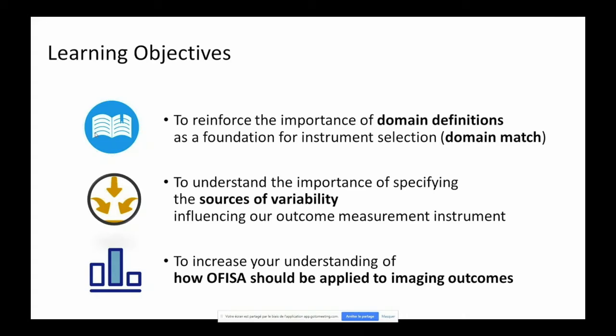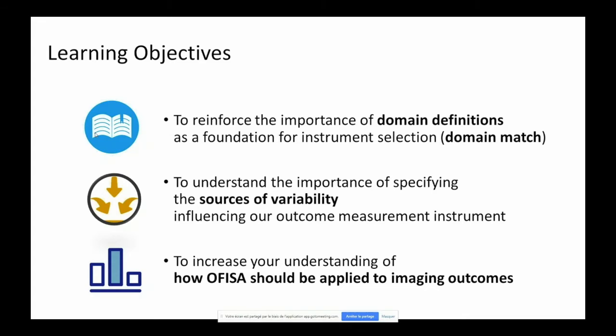The second learning objective is to understand the importance of specifying the source of variability which may influence the outcome measurement instrument. And the third objective is to increase the understanding on how FISA should be applied to imaging outcomes. I will present each learning objective and then I will stop at the end, and I hope you will comment or ask a question if you have any.